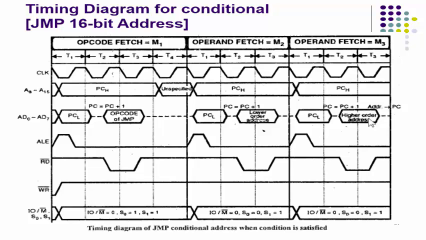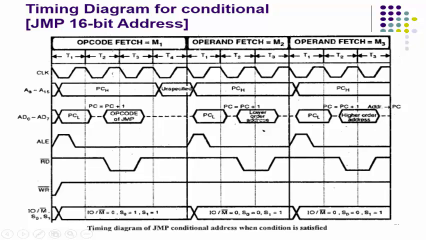Then in the third machine cycle, PC lower content is placed on AD0 to AD7, PC higher on A8 to A15, and the higher order address, which is available in front of the jump instruction, gets fetched from the memory by controlling the read bar signal.